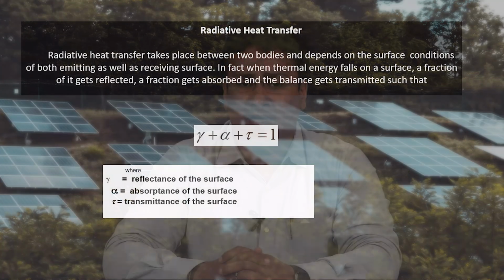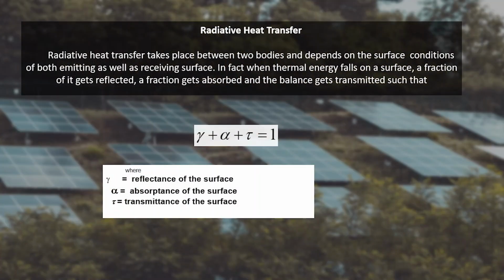In fact, when thermal energy falls on a surface, a fraction of it gets reflected, a fraction gets absorbed, and the balance gets transmitted, such that alpha plus tau plus rho equals 1, where rho is the reflectance of the surface, alpha is the absorptance of the surface, and tau is the transmittance of the surface. Now, the thermal parameters have been completed.